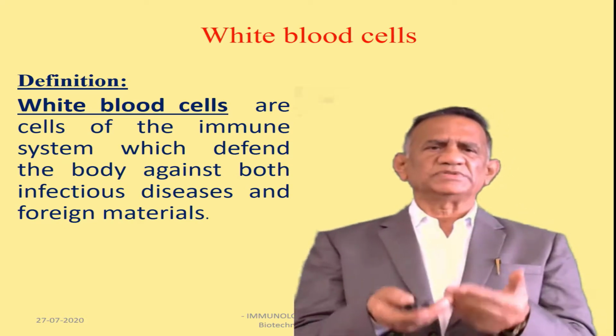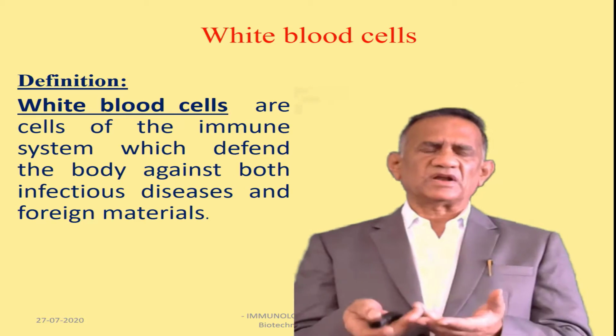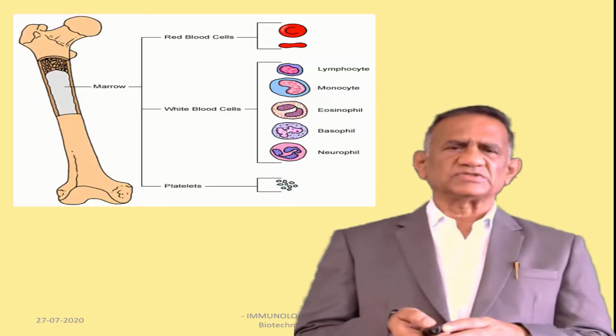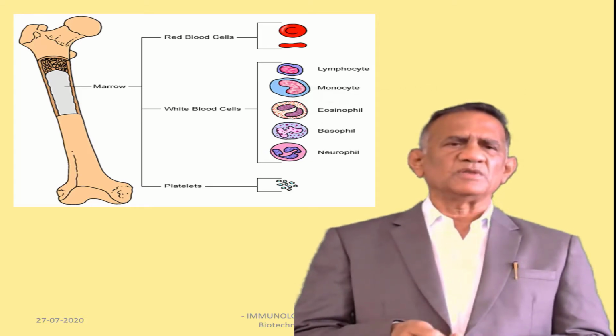So these are the WBCs which keep moving and entrapping the pathogens wherever they come across them, in the lymph glands and lymph nodes. These are all the various WBCs. They are basically produced in the bone marrow.